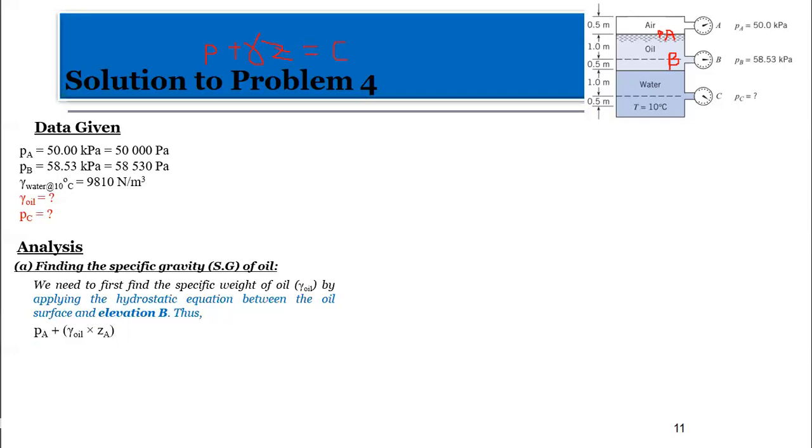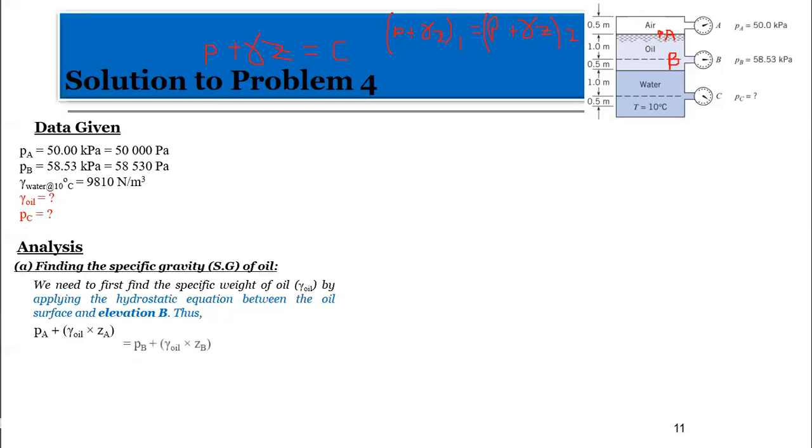What that is telling us is that at point 1, P1 plus gamma Z1 is the same thing as P2 plus gamma Z2 at point 2. So point 2 here will be B and point 1 is A.